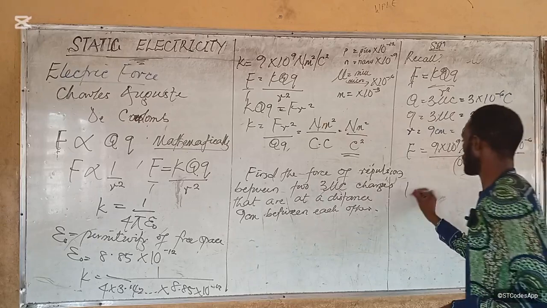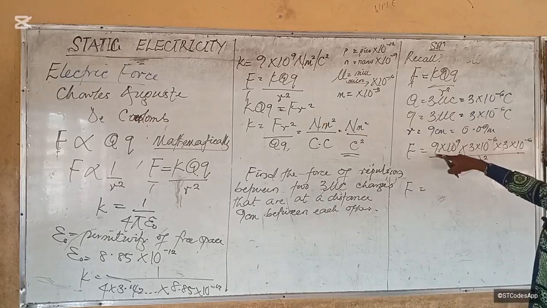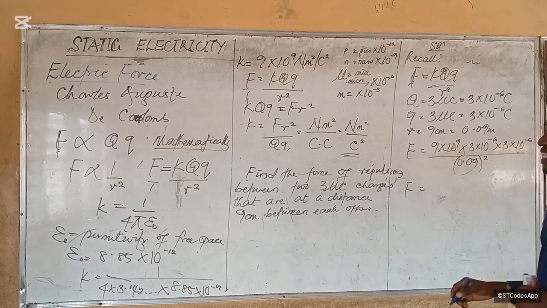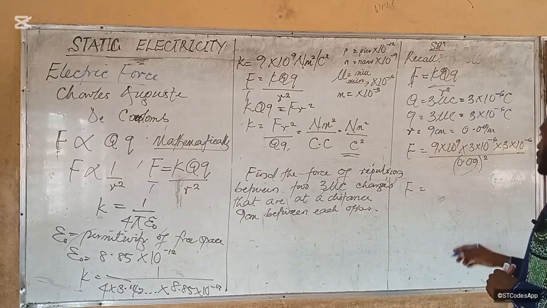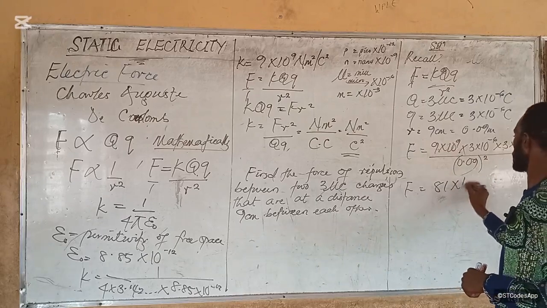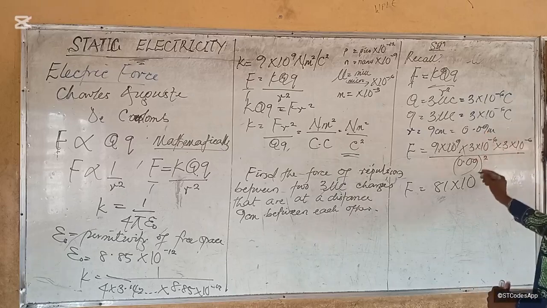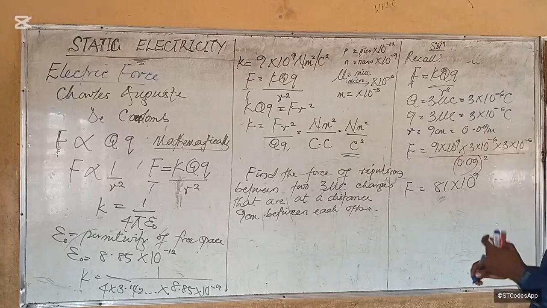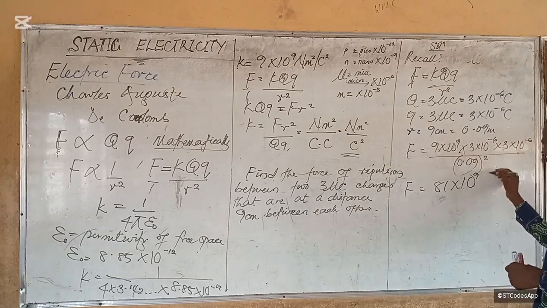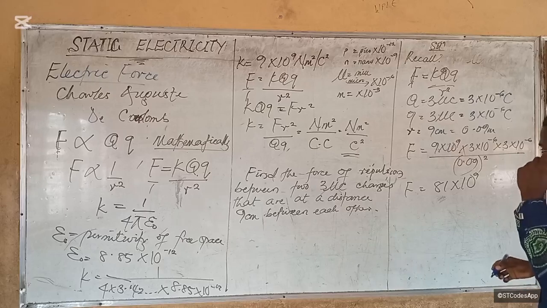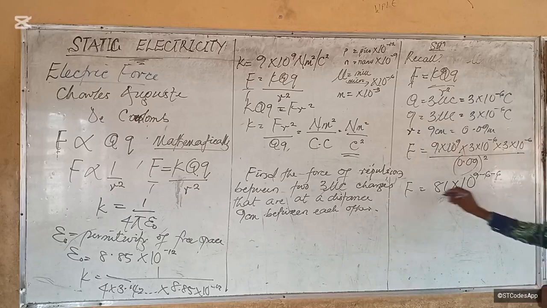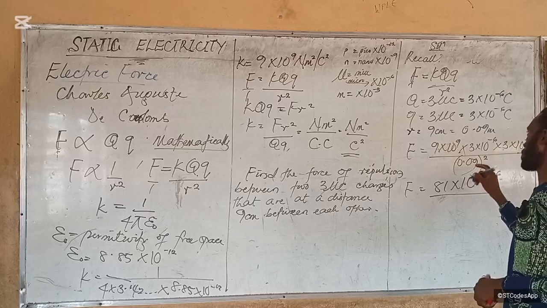And what does this give us? We have that F will be equal to 9 by 3 by 3, that is 81, so we have 81 times 10 raised to the power 9. Multiplication of the bases will result in addition of powers, so that will be 9 plus minus 6 plus minus 6, that is minus 6 again, all over 0.09.